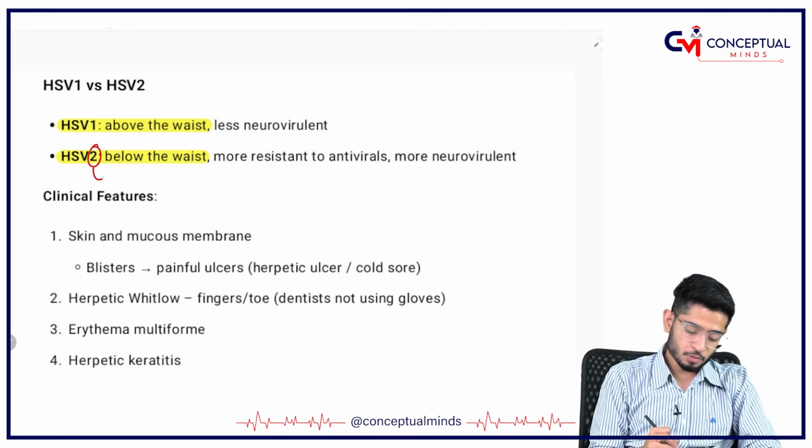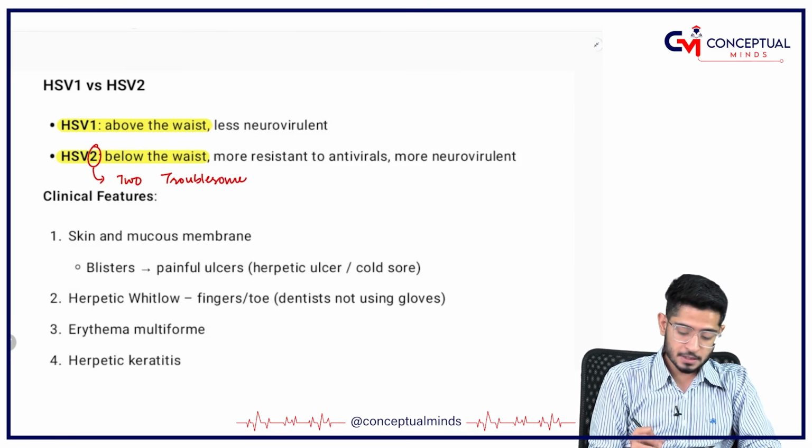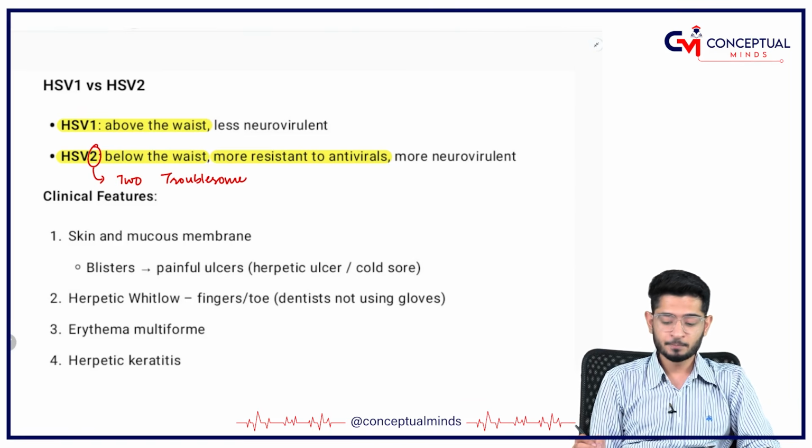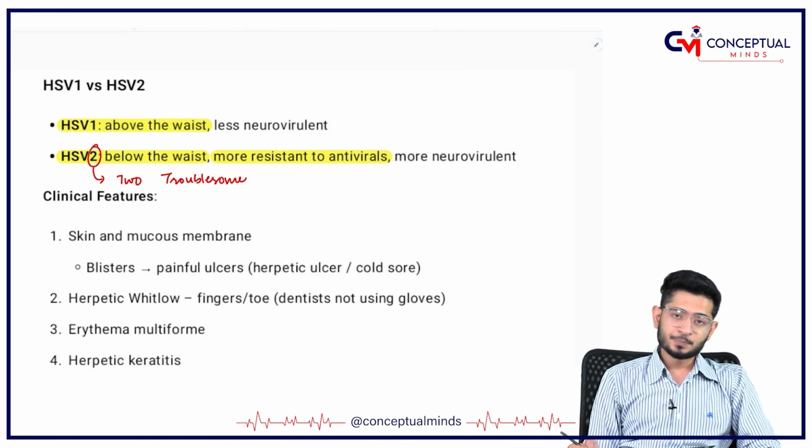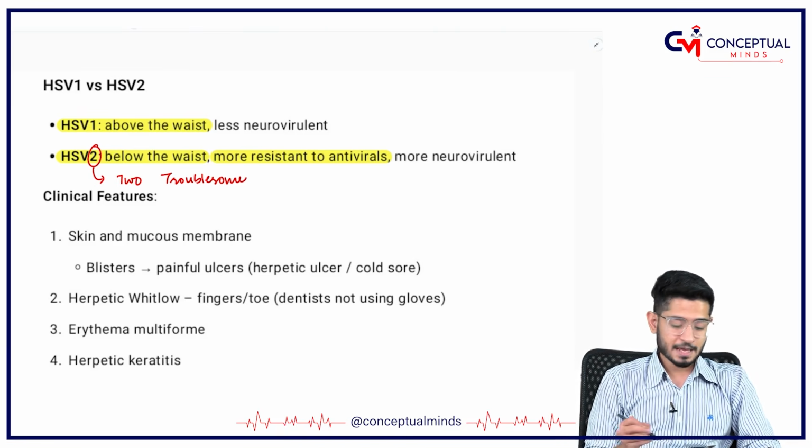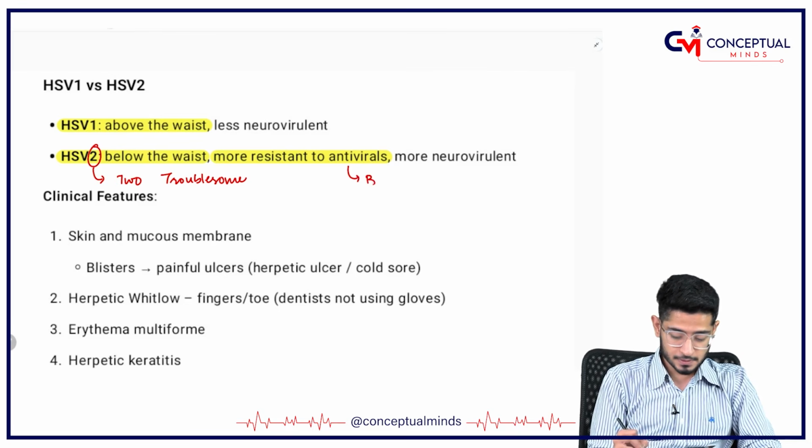So remember 2, T for 2, T for troublesome. Why is 2 troublesome? Because it is more resistant to antivirals, and because it is more resistant to antivirals, HSV2 has a bad prognosis.